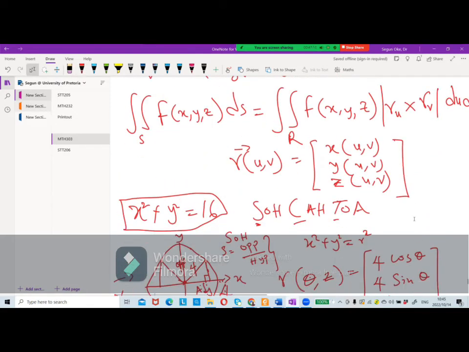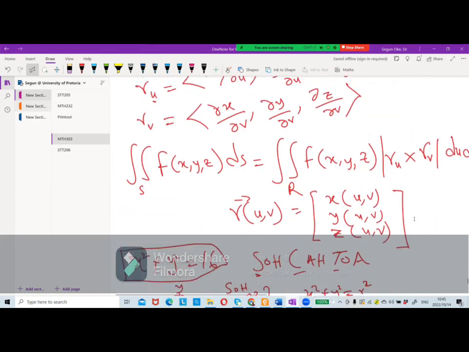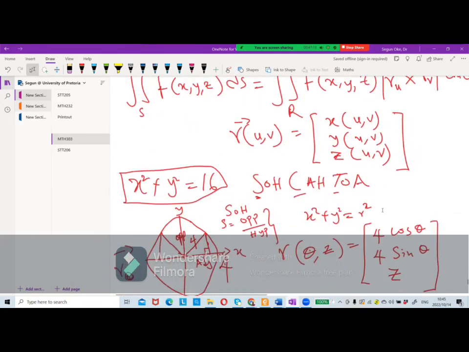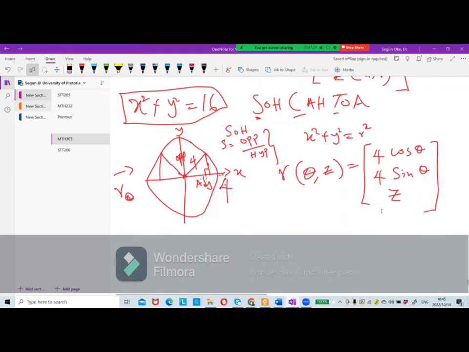Remember, when you have this in R, what do you need to do? We still need to differentiate R with respect to theta. But before we differentiate, remember we are talking about one full revolution. The limit we are using is 0 less than or equal to Z, less than or equal to 3. That is it for Z. What about theta?